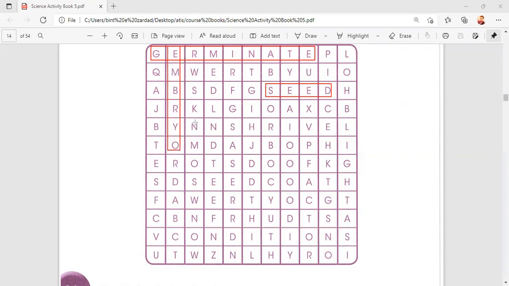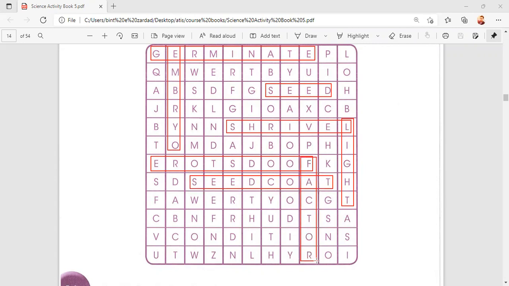Then shrivel, light, food store, opposite, okay, backward, food store, seed coat, and factors, conditions.